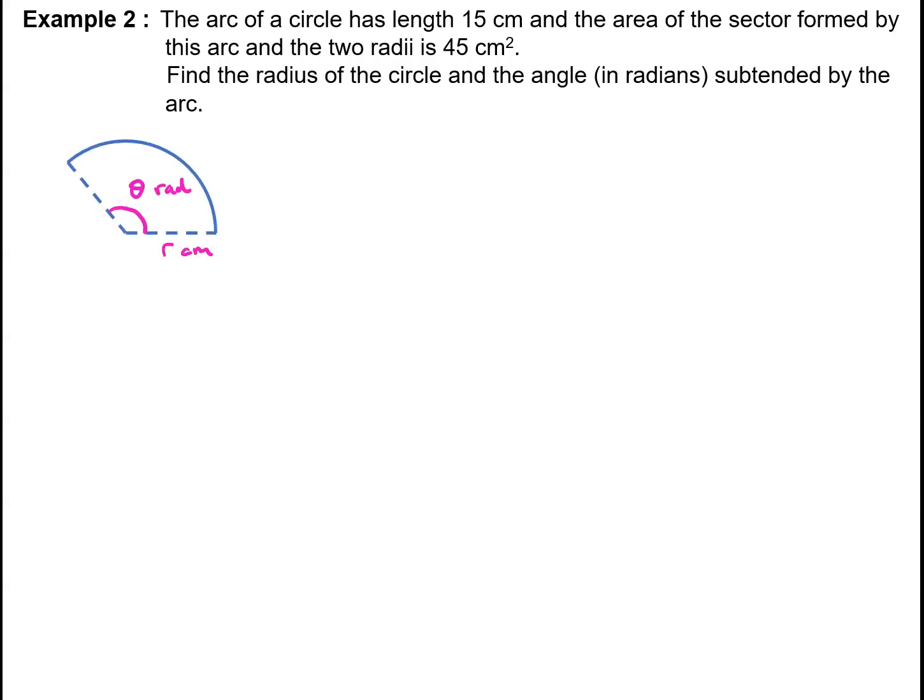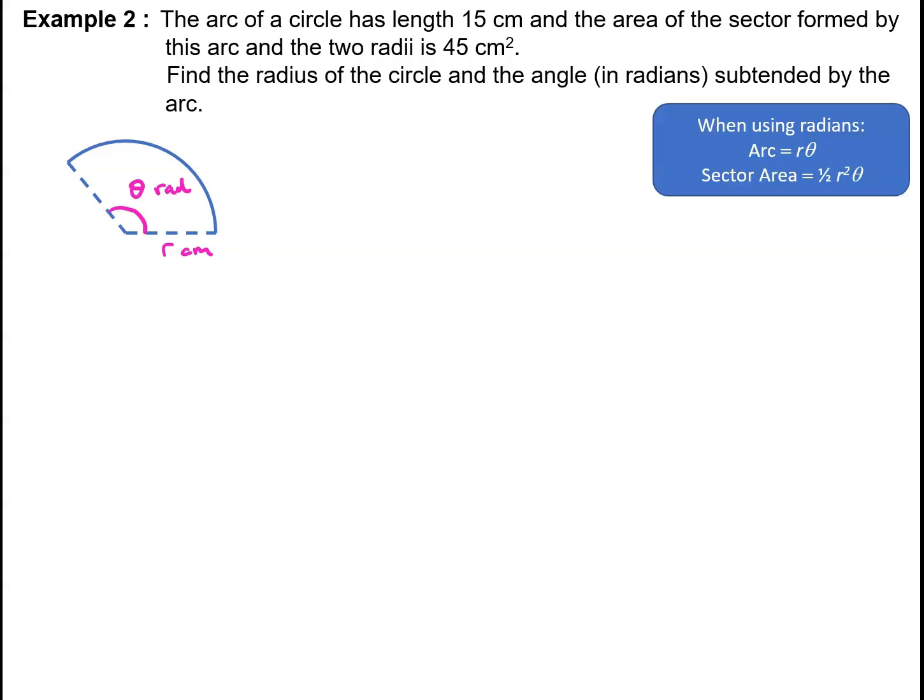So the fact that the arc has got length 15 centimetres means that I can say that r times theta has got to equal 15. The fact that the area of the sector is 45 centimetres squared tells me that a half r squared theta must equal 45. Or in other words, that I've got r squared theta must equal 90.